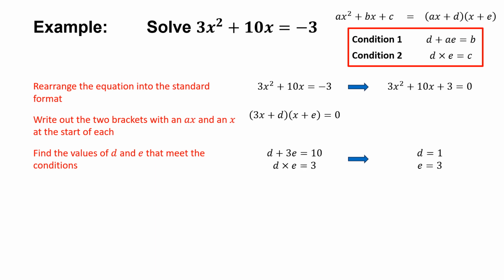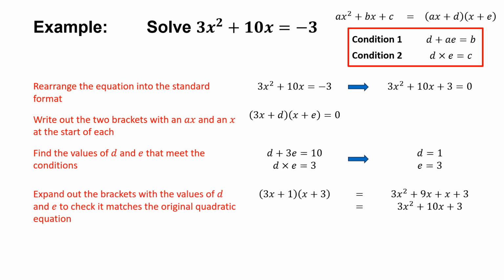So using trial and error, we're going to find that our two values for d and e should be 1 and 3. So if we put this inside the brackets, we get our brackets as 3x plus 1 times x plus 3. We can do our sanity check to make sure this works.